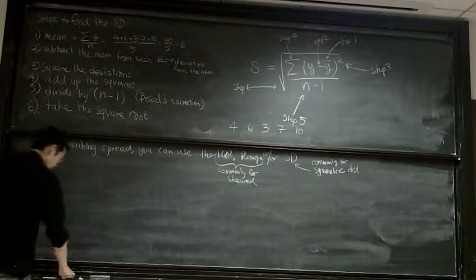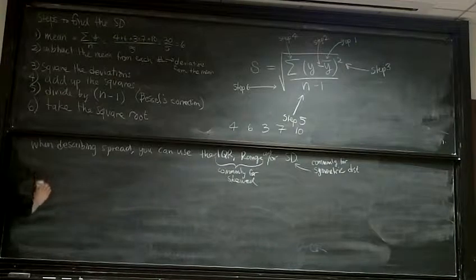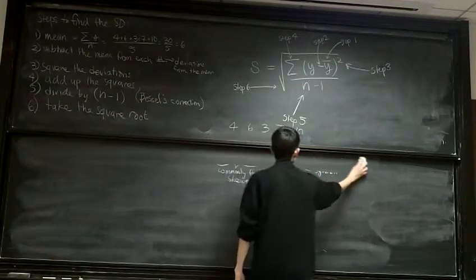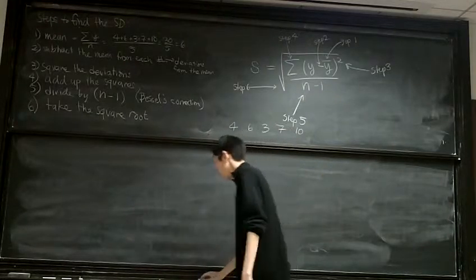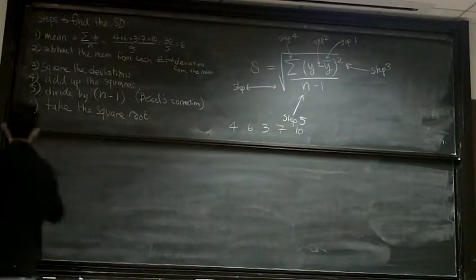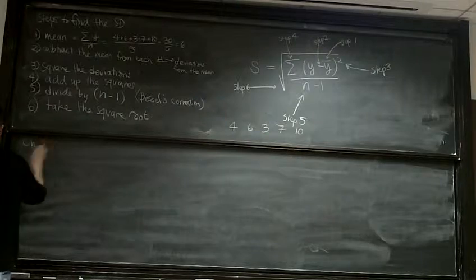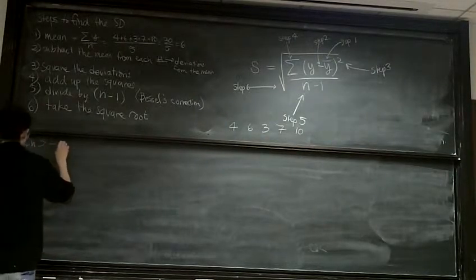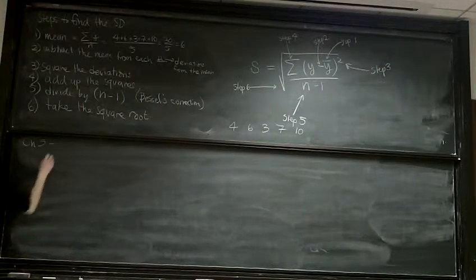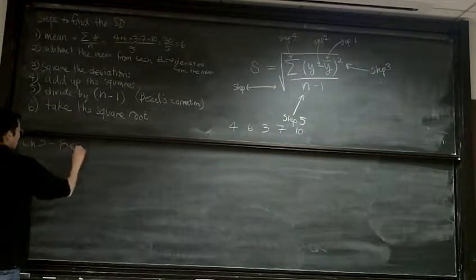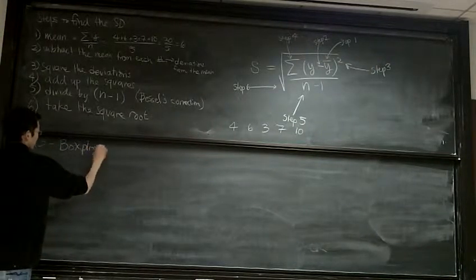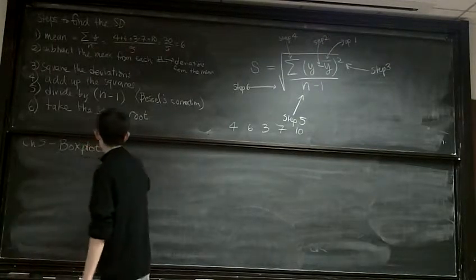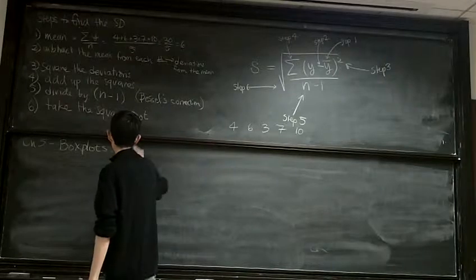All right. So that wraps up chapter 4, and let's get into chapter 5. They call this comparing distributions, but the big key here is making box plots, and then also comparing distributions.